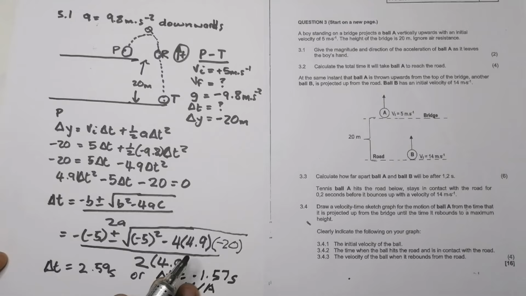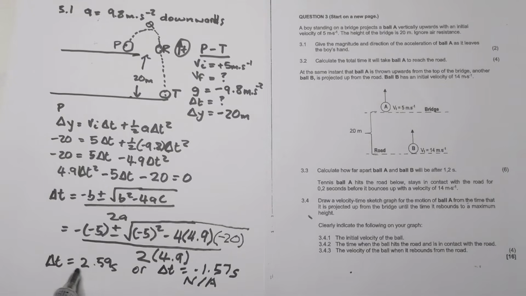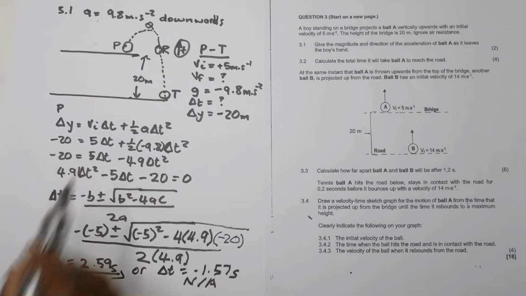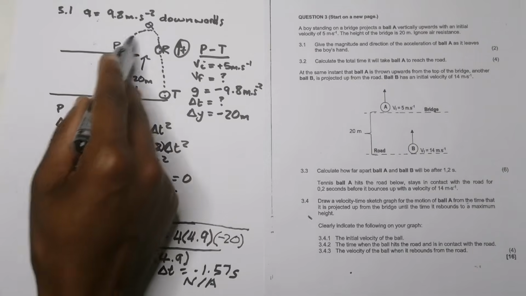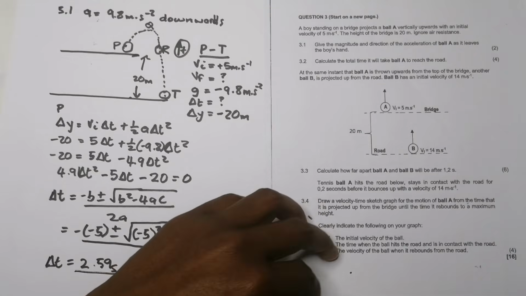Because, of course, we can never have negative time. I wish we could have negative time, because that would mean we'd go back in time. So the only valid answer here would be 2.59 seconds. So we know that the time it took for ball A to land on the road would have been 2.59 seconds.